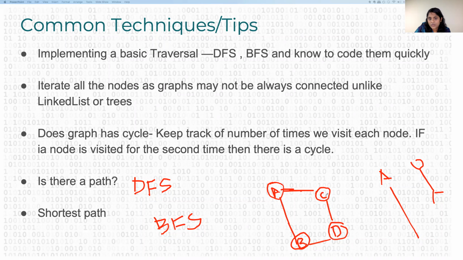I can still go from A to C and from C to A. But would I call this a connected graph? No, it's still not connected. A and C are not fully connected, so I would be hesitant to call this a connected graph.